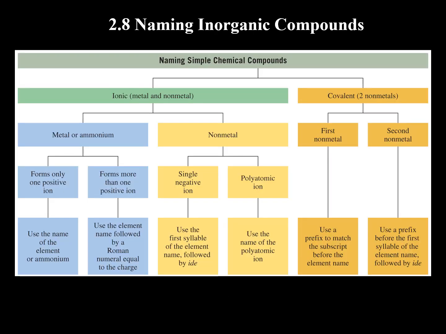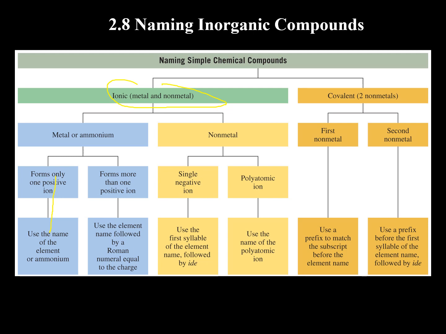Here's a nice chart to summarize. We have here our ionic, metal and nonmetal. If we have, for instance, this first column here that forms only 1 positive ion, use the name of the element or ammonium. The examples would be ammonium carbonate, ammonium hydroxide.